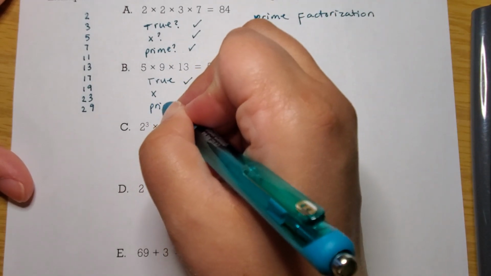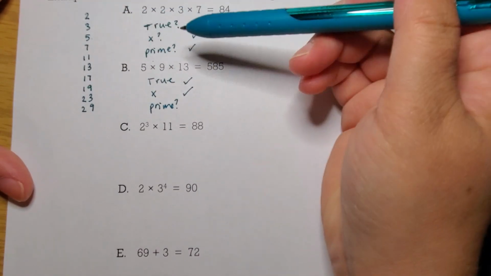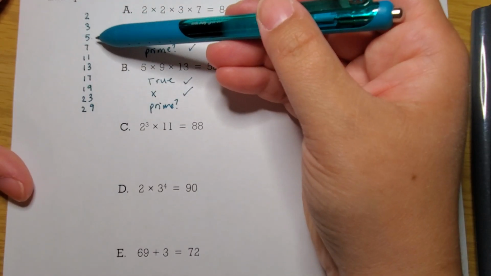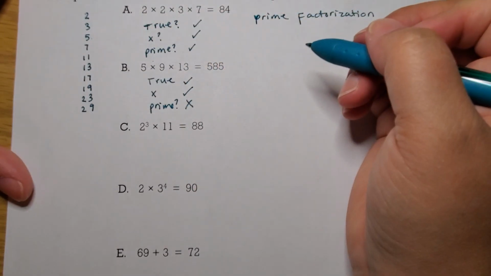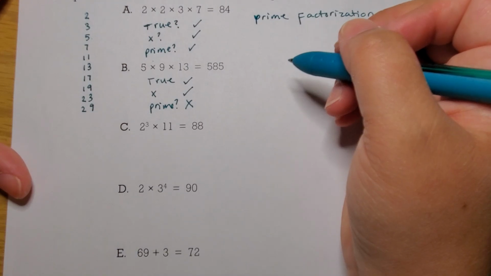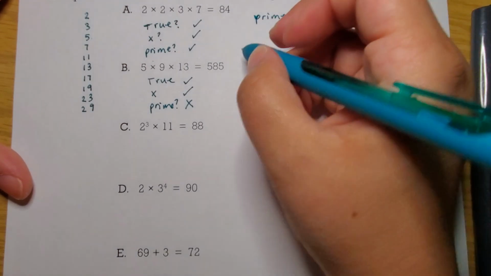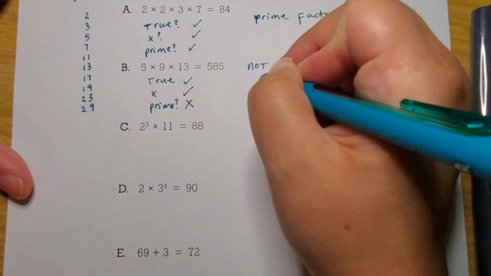Are all of the numbers listed prime? We've got a 5, which is there, a 9. Nope. 9 is not prime, and that's because 9 is divisible by 3, right? 3 times 3 gives you 9. So this is not a prime factorization.